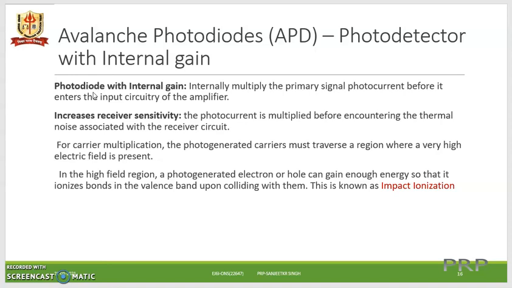The photodiode with internal gain internally multiplies the primary signal photocurrent before it enters the input circuitry of the amplifier. Secondly, it increases the receiver sensitivity, because the photocurrent is multiplied before encountering the thermal noise associated with the receiver circuit.